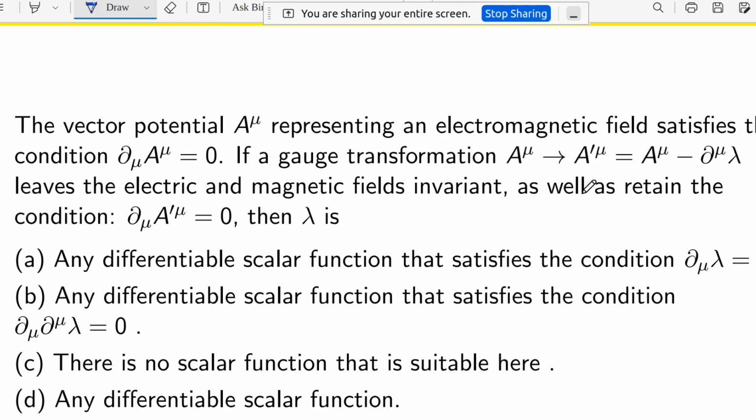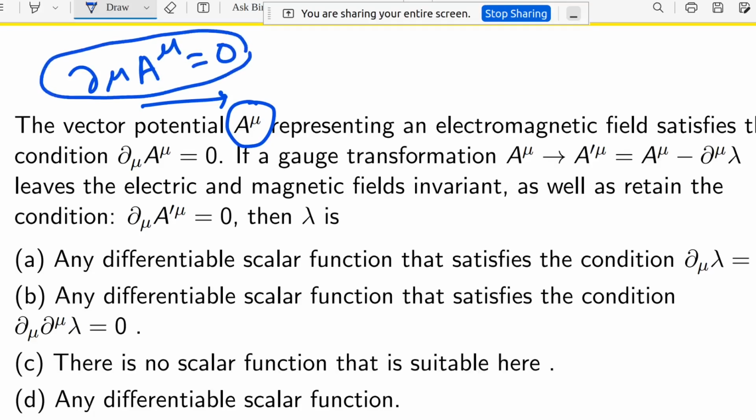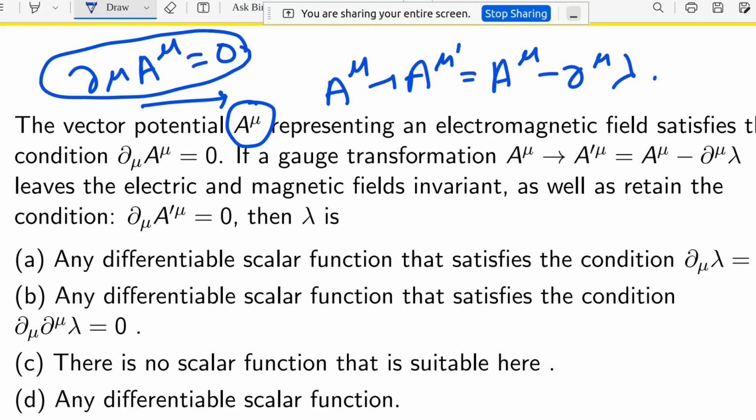So there are 4 options. What is the question here? The vector potential is A mu, representing an electromagnetic field, and it satisfies the condition del mu A mu equals 0. If the gauge transformation takes A mu to A mu prime, where A mu prime is A mu minus del mu lambda, it leaves the electromagnetic fields invariant as well as retains the condition that this equals 0.